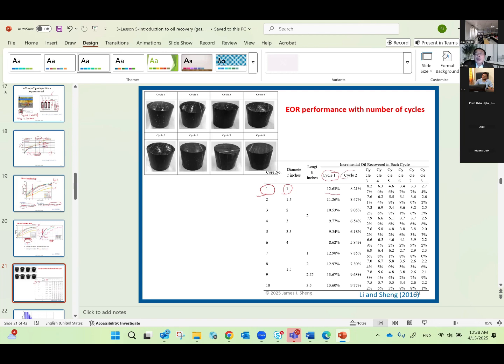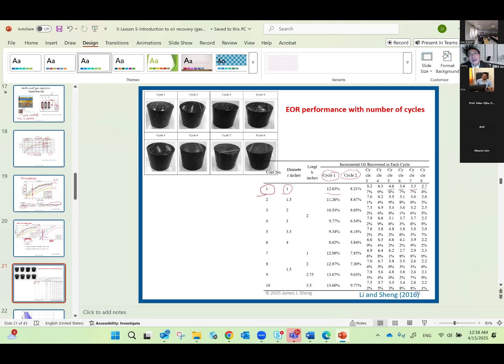During cycle 2, we got 8.21. Cycle 3, 8.27. Cycle 4, 6.3, cycle 5, 4.8, cycle 6, 4.8, cycle 7, 3.4, cycle 8, 3.3, and then 3.8, 2.7.